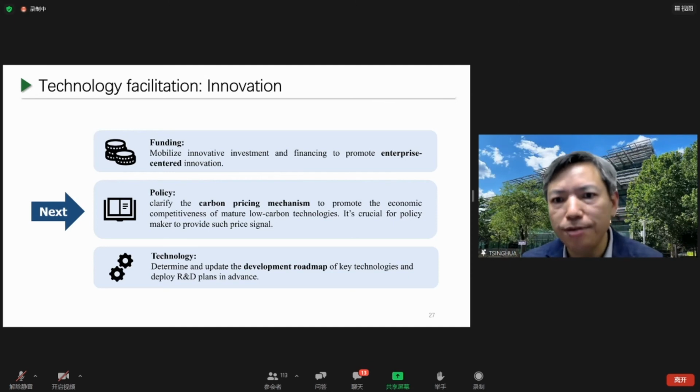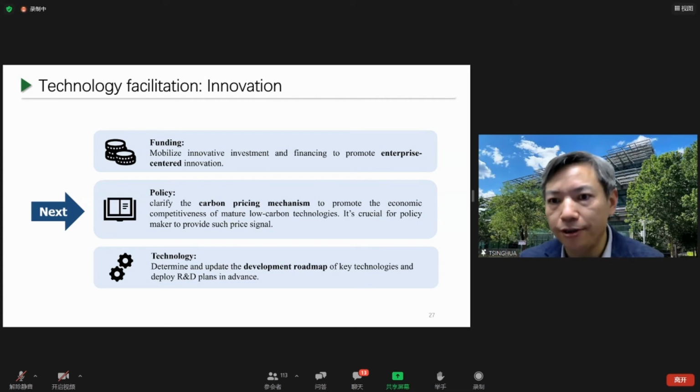Second, enhance the carbon pricing mechanism to provide the market a clear and foreseeable carbon price signal, aiming to promote the economic competitiveness of mature low carbon technology.